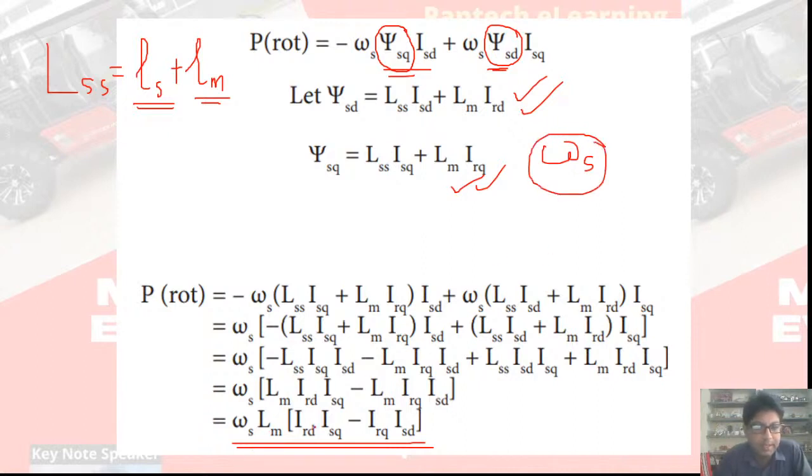So omega S Lm into IRD ISQ minus IRQ ISD. But as I was telling, rotor is rotating. So always we need to substitute the rotor currents or rotor electrical parameters, because we don't have any method of direct measurement. Okay, we need to substitute it.